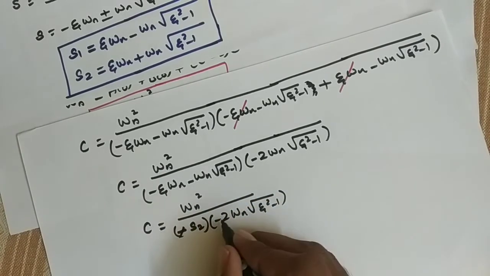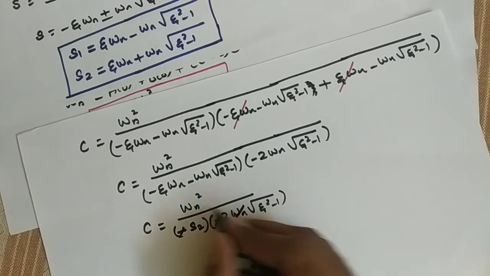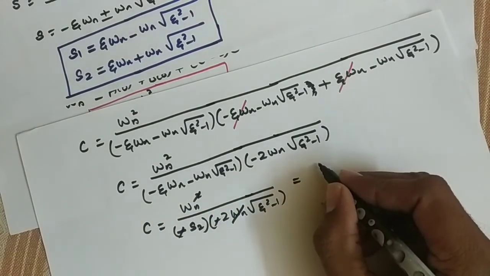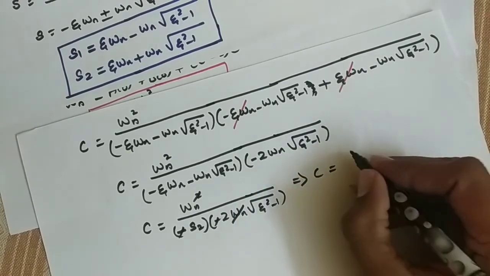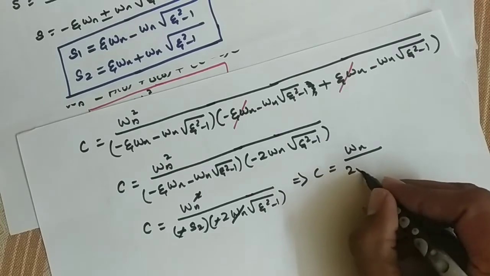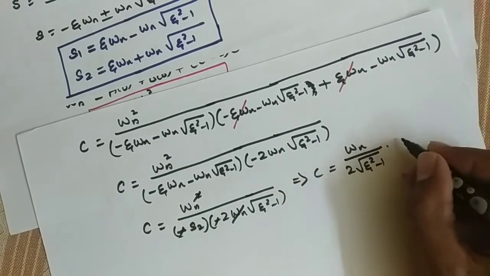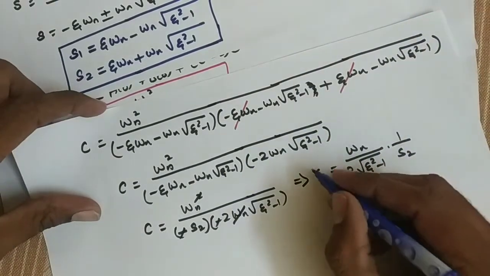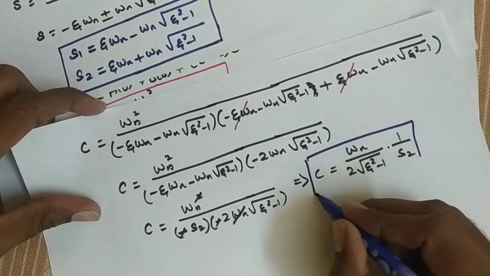So this minus will get cancelled, and one omega n in the numerator and one omega n will get cancelled. We are getting the C equation as omega n divided by 2 into root of eta square minus 1 into 1 by S2. This is what we are getting as the C value.